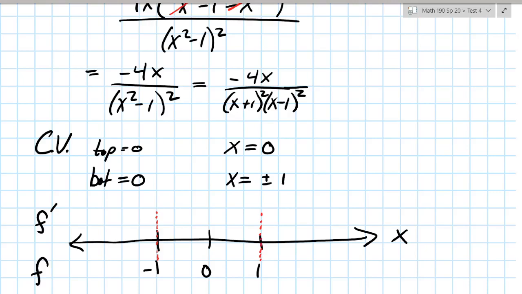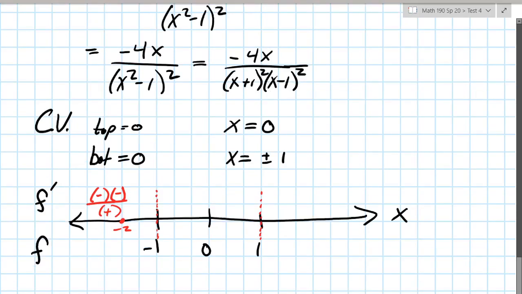All right, so we need a test value to the left of negative 1. How about negative 2? We're going to evaluate our derivative at negative 2. So I've got negative 4 times a negative 2. And on the bottom, no matter what we take x to be, it is always going to be squared, so we're always going to end up with a positive on the bottom. So we've got a negative times a negative divided by a positive, and that gives us a positive.